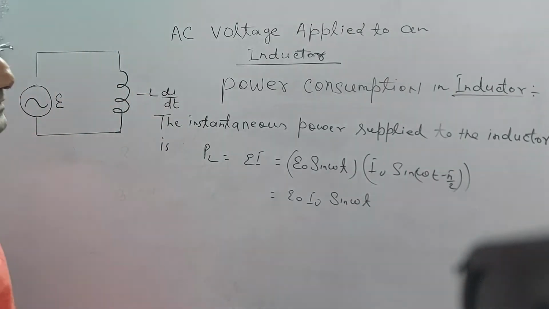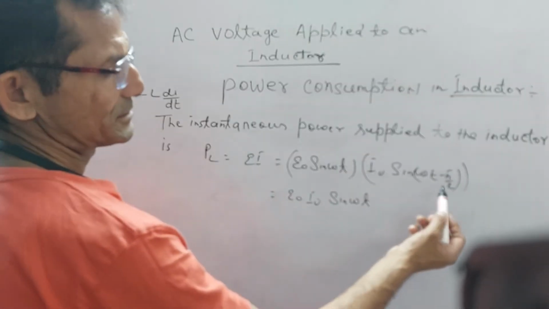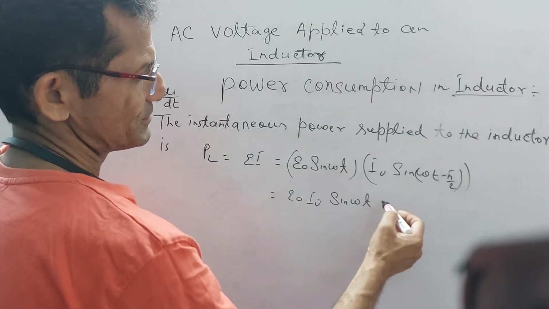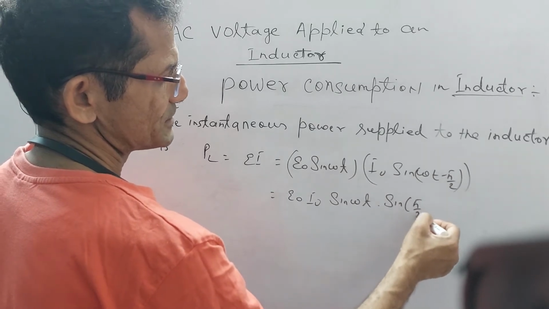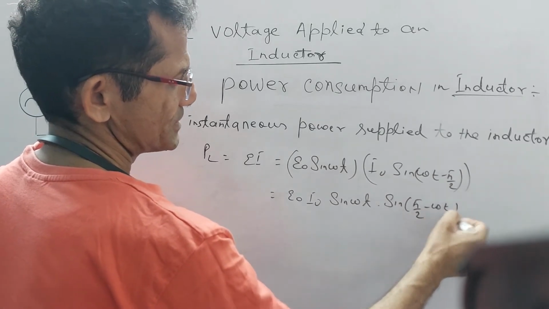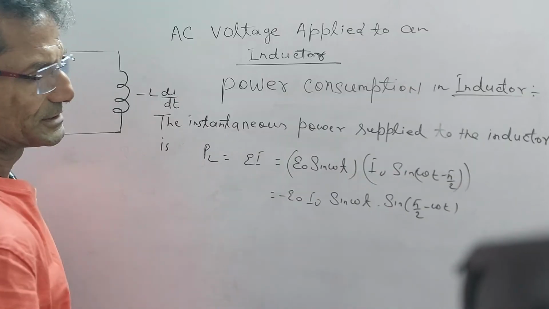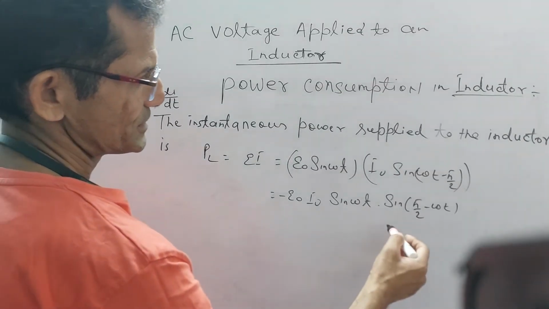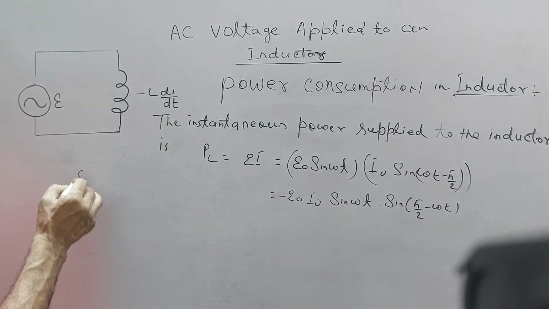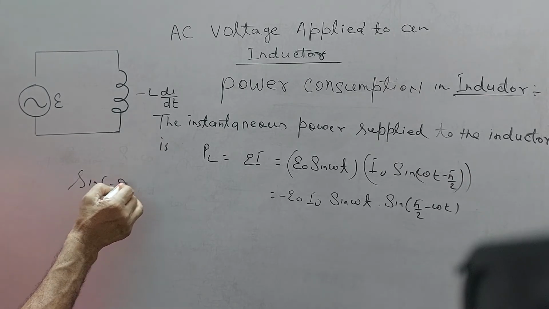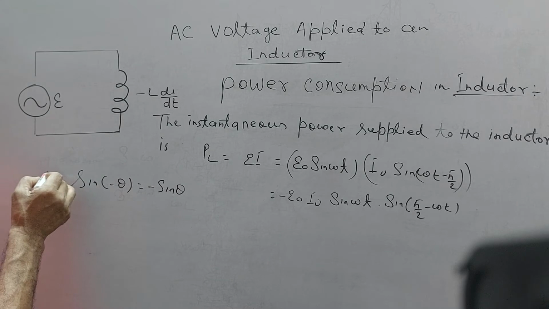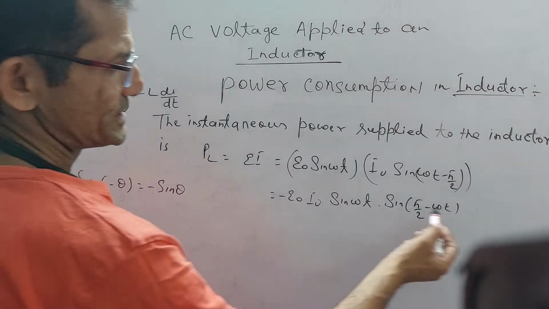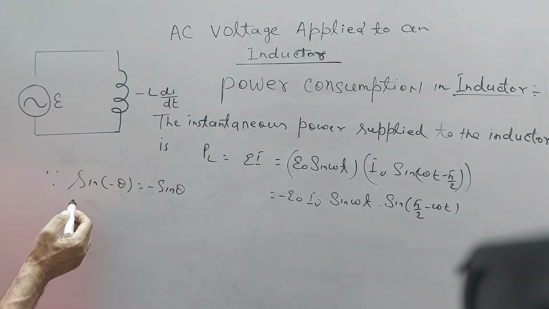If I take the minus outside of this sine, it becomes sine (90 minus omega t) with a minus outside, because sine of minus theta has the value minus sine theta, and sine of (90 minus theta) becomes cos theta.